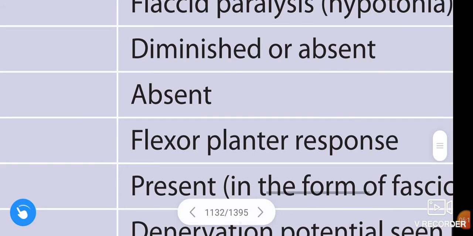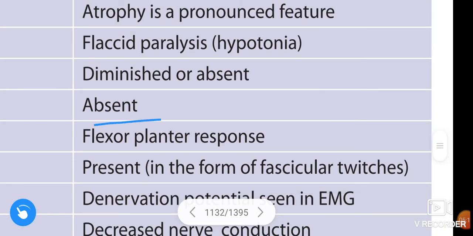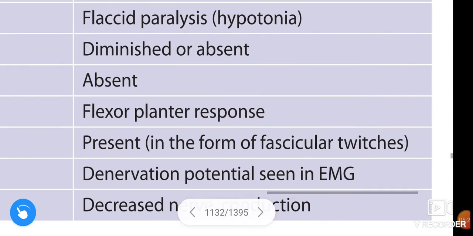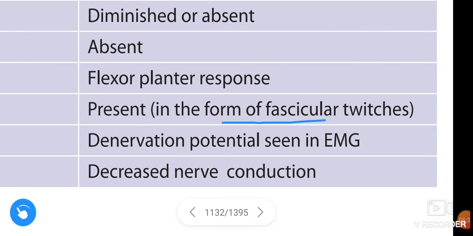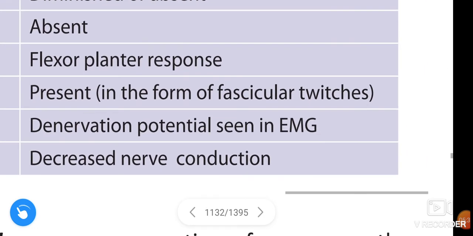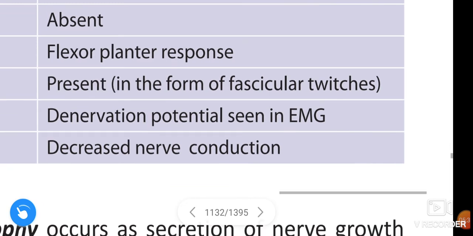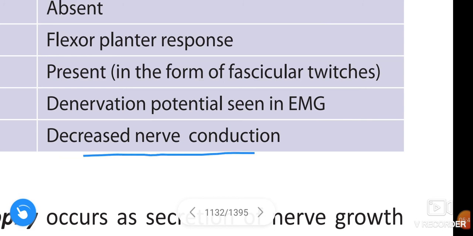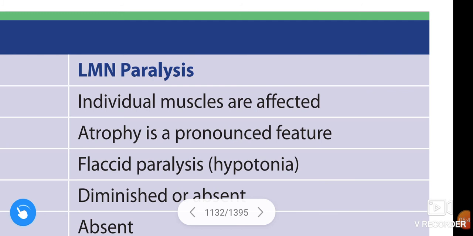The Babinski sign in lower motor neuron paralysis is a flexor plantar response, and involuntary movement is present in the form of fasciculations. Denervation potential is seen in EMG, and decreased nerve conduction is seen in lower motor neuron paralysis. Okay guys, I think it is clear to you.